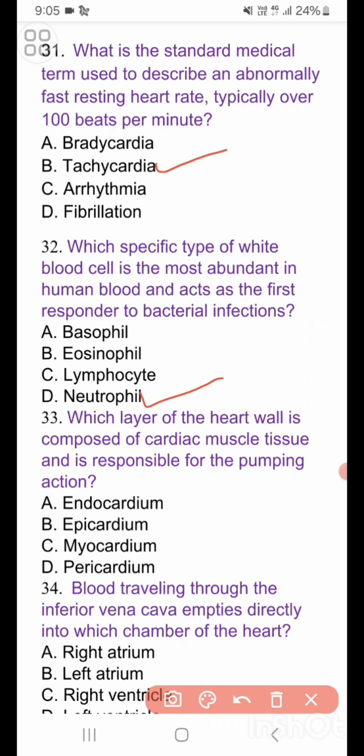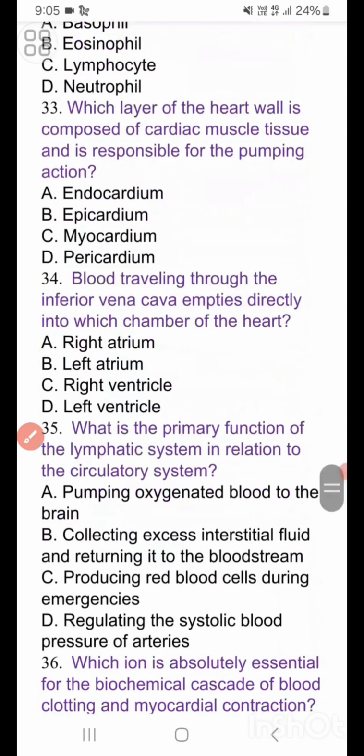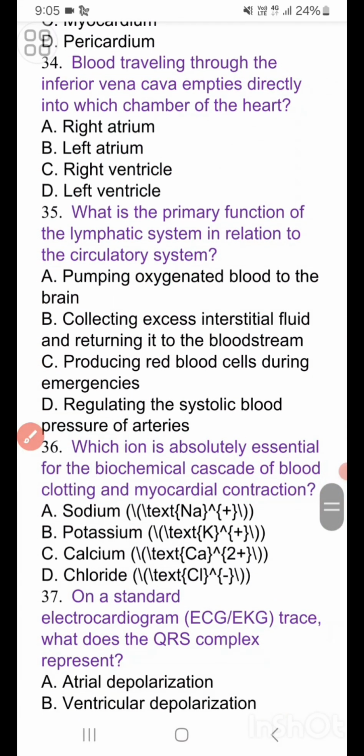Which layer of the heart wall is composed of cardiac muscle tissue and is responsible for the pumping action? Myocardium. Blood traveling through the inferior vena cava empties directly into which chamber of the heart? Right atrium.